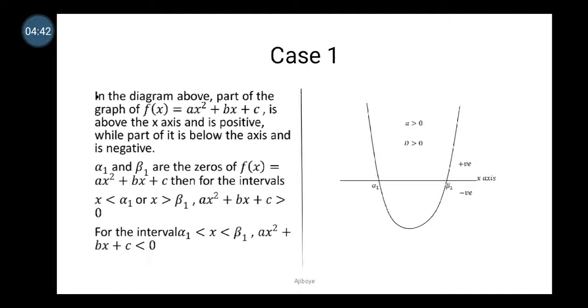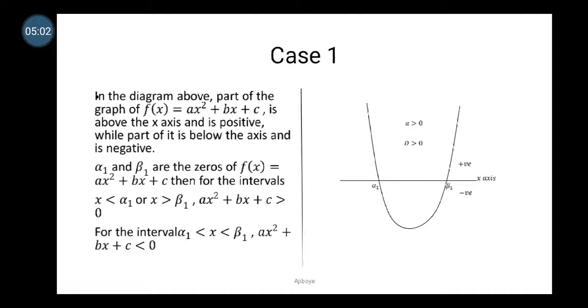That is, the values of the y-axis above the x-axis are positive, and the values of the y-axis below the x-axis are negative. All right, so we put that in mind.